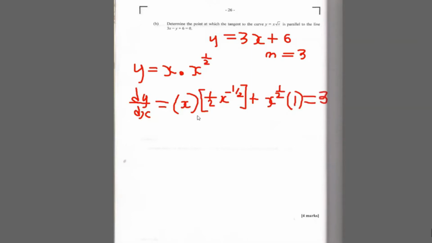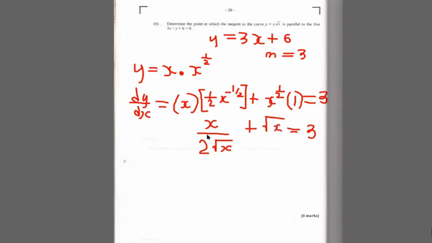So this part simplifies to x over 2 root x plus, x to the half is still root x, and this is equal to 3. To solve this equation, let's multiply through by 2 root x.